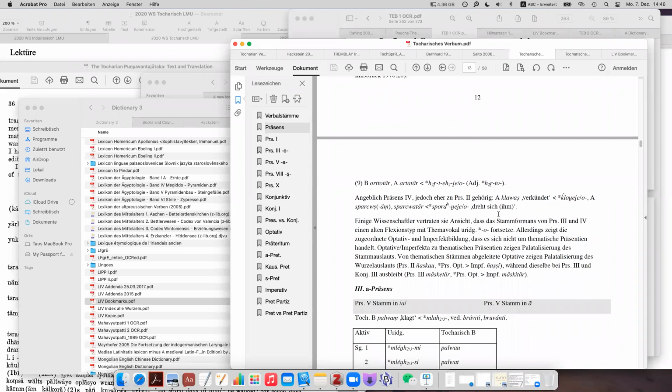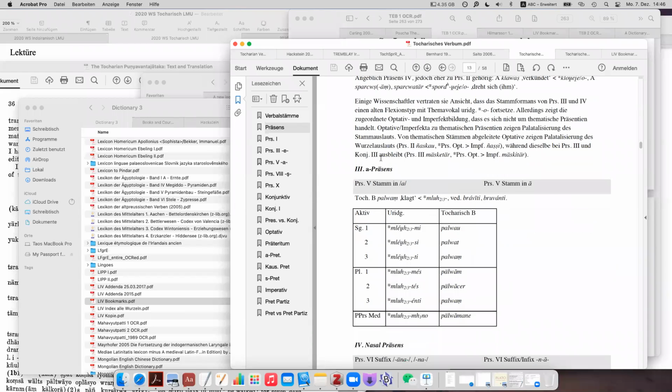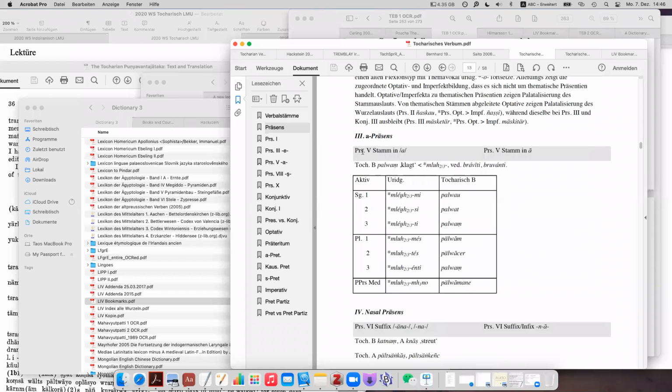And then the next one is present 5. The marker is the R morpheme before the ending. This R morpheme actually goes back to the laryngeal.